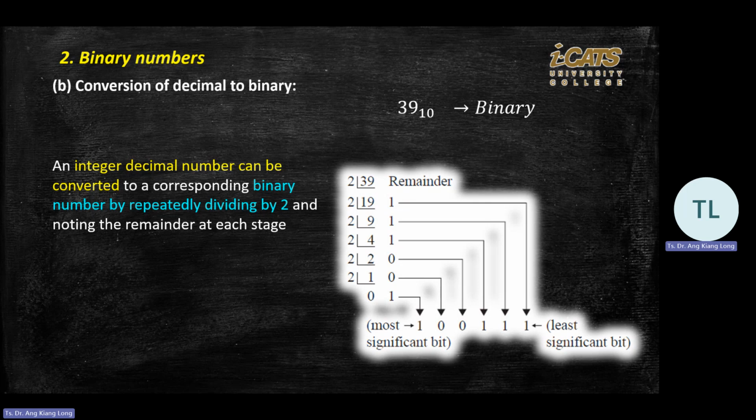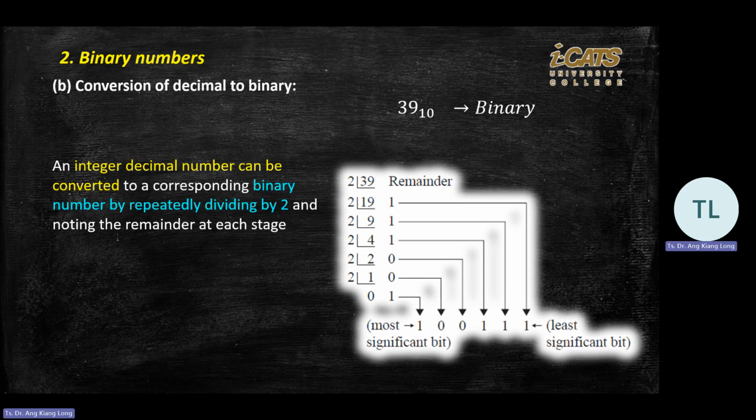Then after that, you read from the bottom to top. You read the number from bottom to top. Again, in the test, you can stop at 1 or you can stop at 0 based on your preference. And the important thing is you give me the correct answer. So in this example, you read from the bottom: 100111.